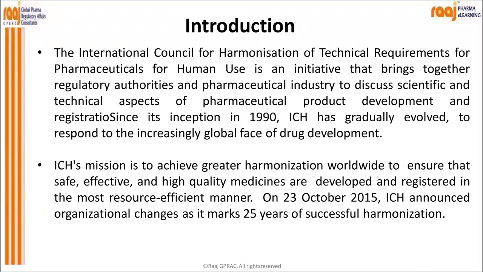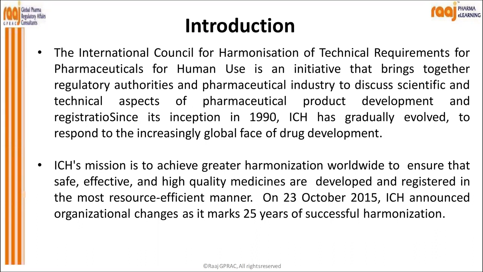If they want to perform stability, they follow ICH Q1, right? There are a couple of guidances already published, from ICH Q1 to Q14, and that is why harmonization plays a very important role. Harmonization with respect to the technical requirements of pharmaceuticals for human use.